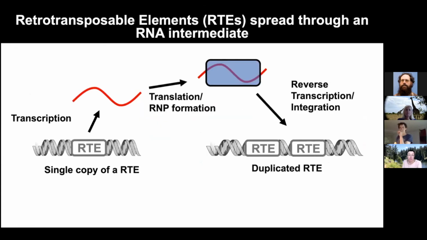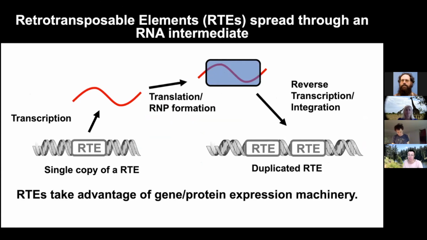Retrotransposons are elements that necessarily go through an RNA intermediate in their life cycle of inserting themselves in the genome. They get transcribed, and in fully functional retrotransposons they get translated, and then use a reverse transcriptase and integrase to copy themselves into the genome.